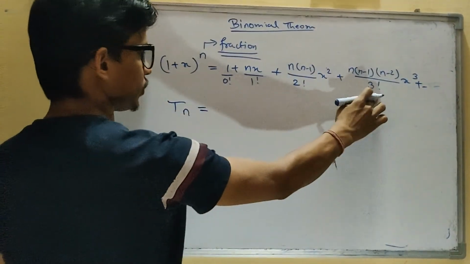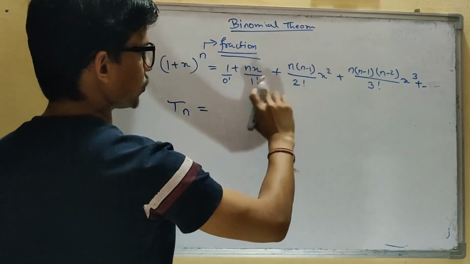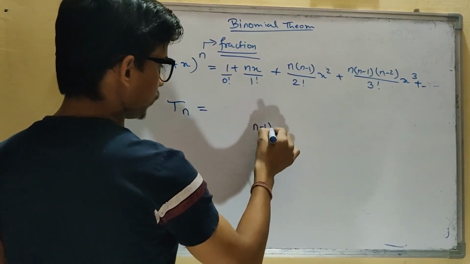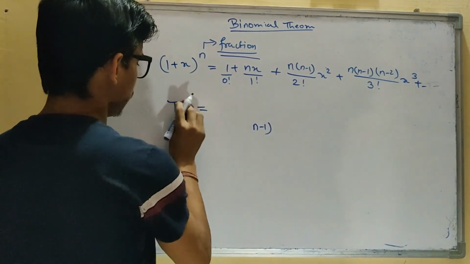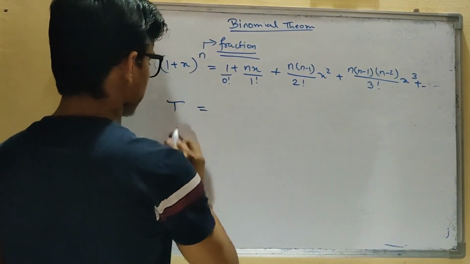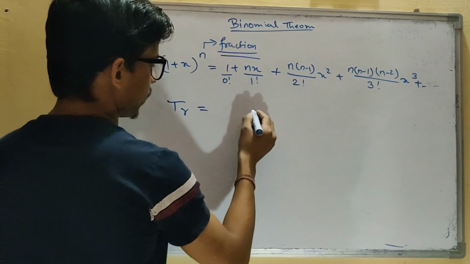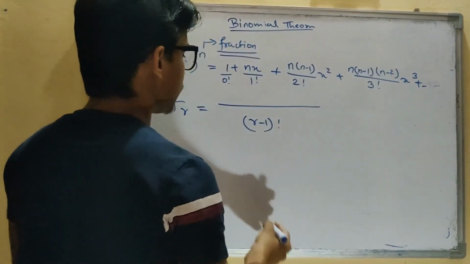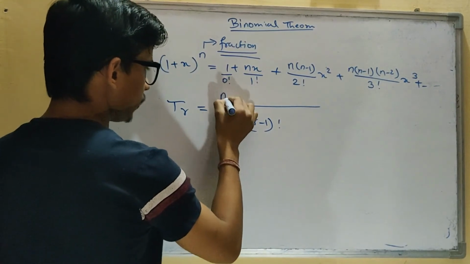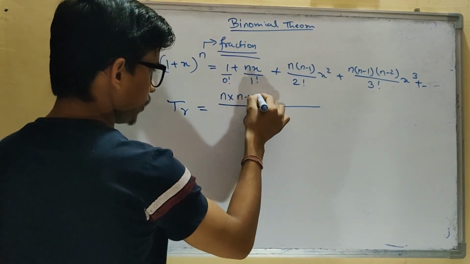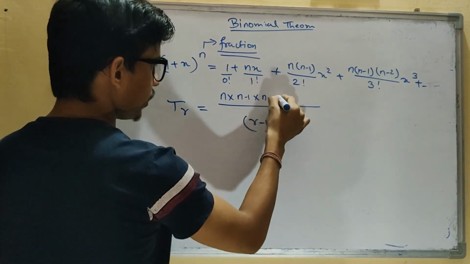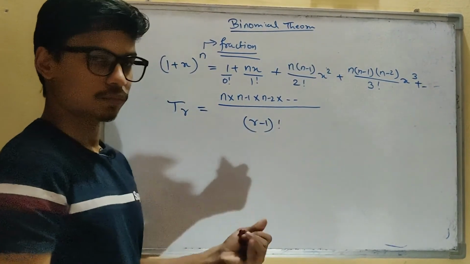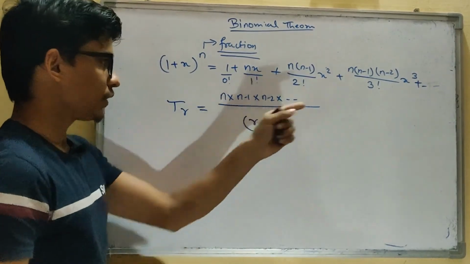If you have to find the fourth term, the expansion should have (r - 1) factorial in the denominator.